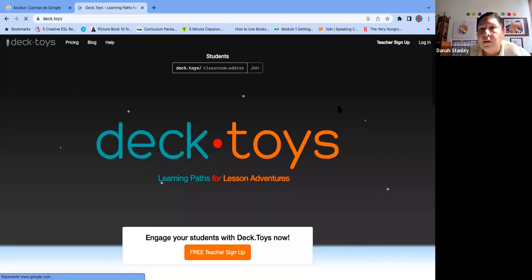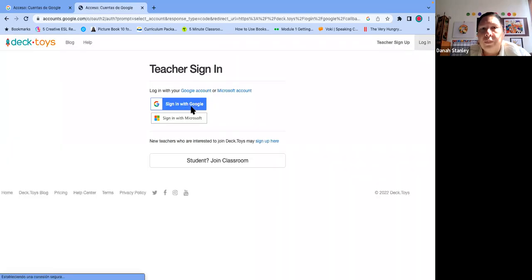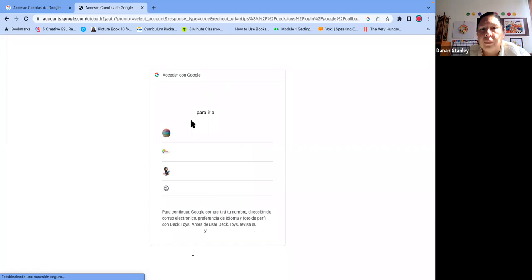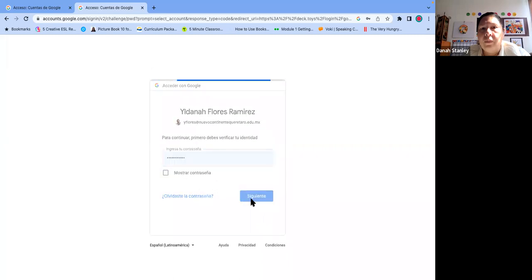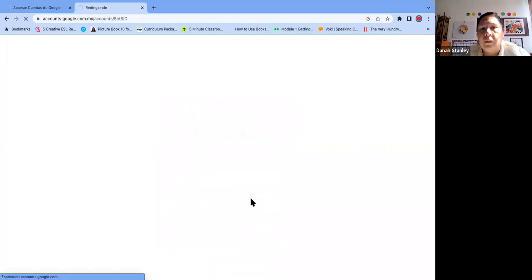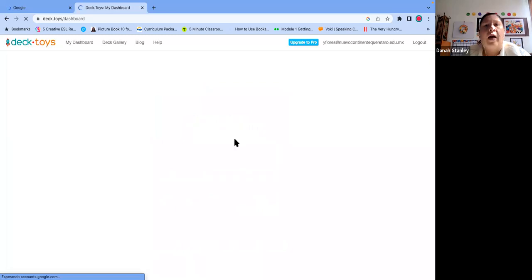Are learning paths. So you can look for... ahí está.